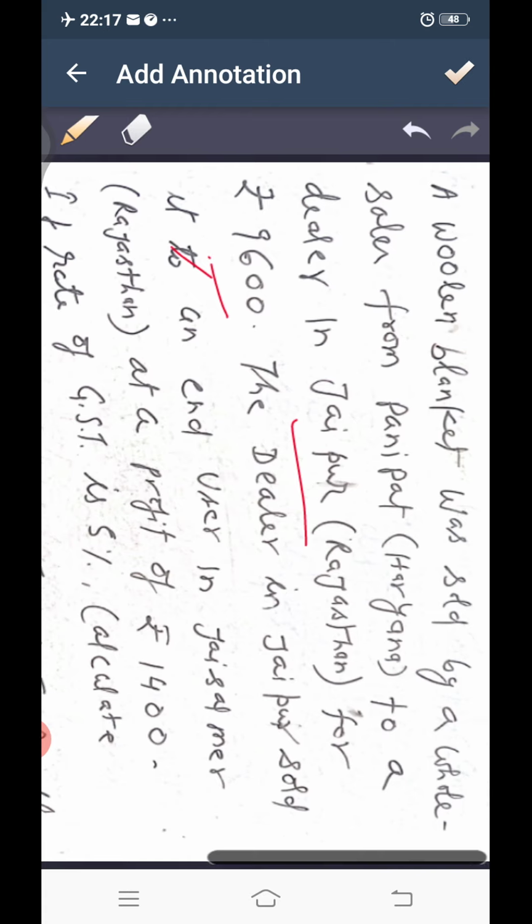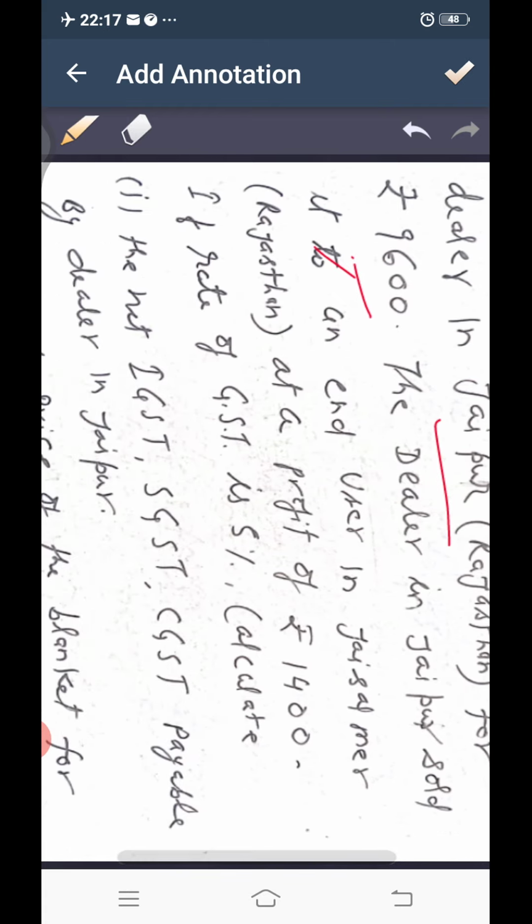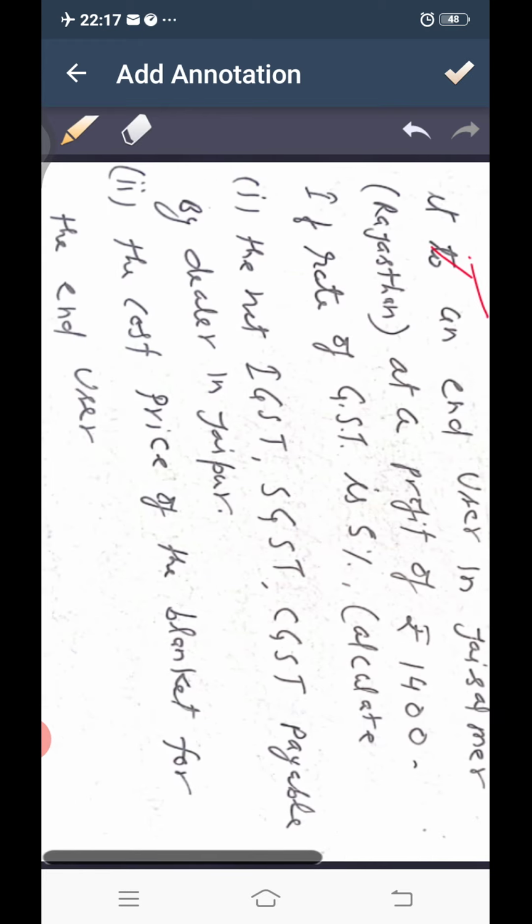If the rate of GST is 5%, then calculate the net IGST, SGST, CGST payable by the dealer in Jaipur. Then find the cost price of the blanket for the end user.